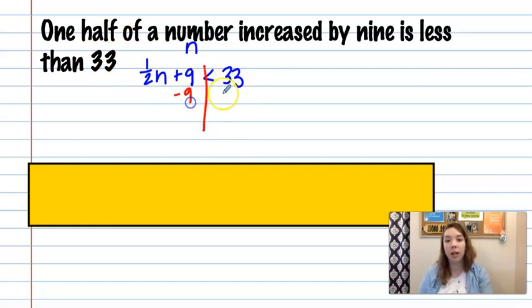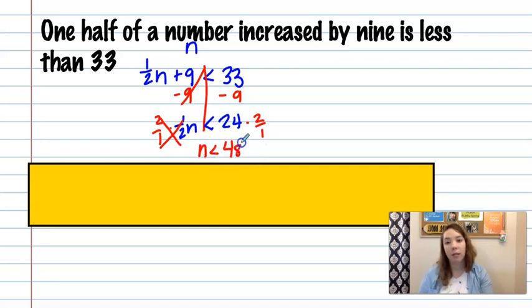We're going to subtract 9. We have 1/2 n is less than 24. And then we will multiply by 2 over 1 to get rid of that fraction, which is the same as 2. So then you get n is less than 48. Okay, so that means any number smaller than 48 would make this true.